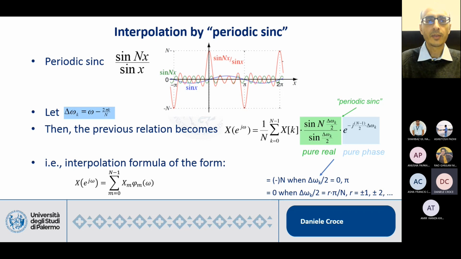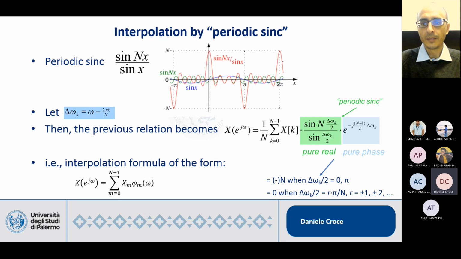Okay, so the previous relationship between the DTFT and the DFT becomes 1 over capital N times the summation of the samples of the DFT, capital X of k, multiplied with a periodic sinc, which is a purely real function. And then there is a pure phase function, which is the one you see on the right. Okay?